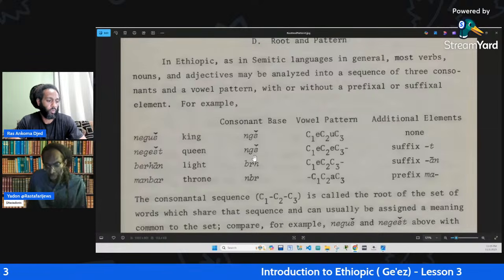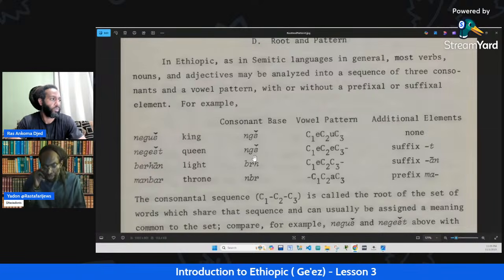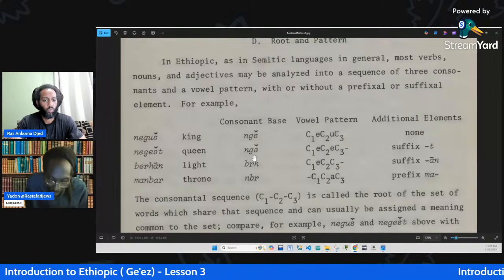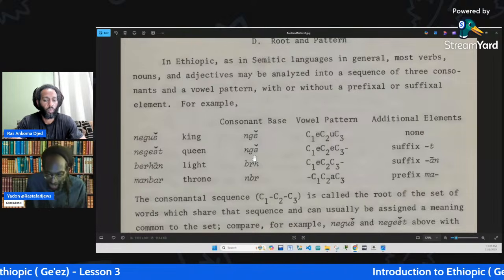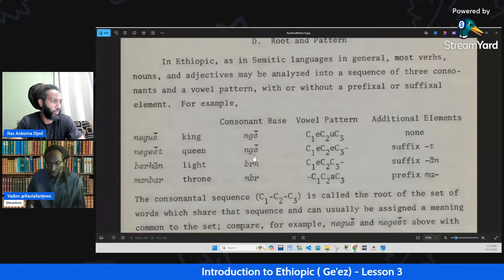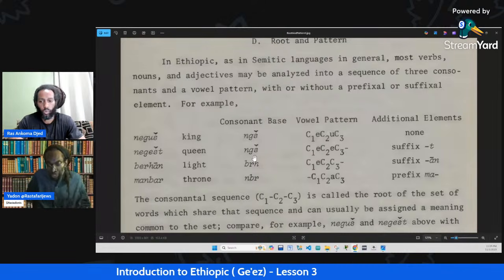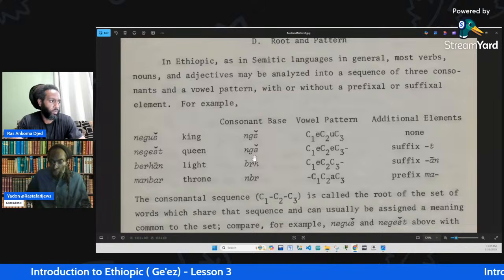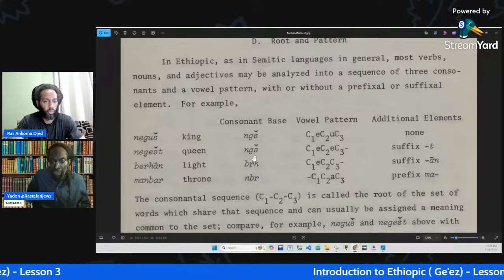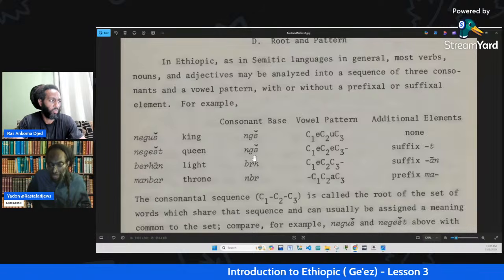Let's go to the next one. We have Berhan. Berhan, or if you want to roll the R, Berhan. Now, notice that it has that same E. The proper enunciation is bi, not be, right?